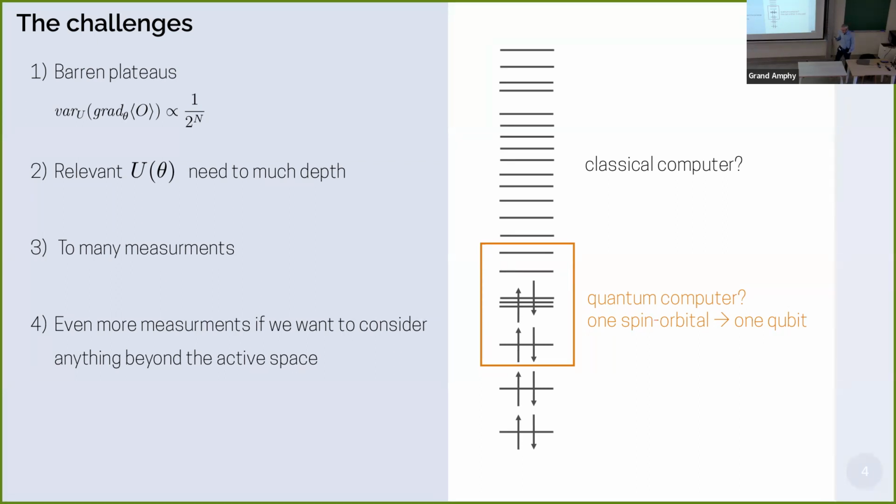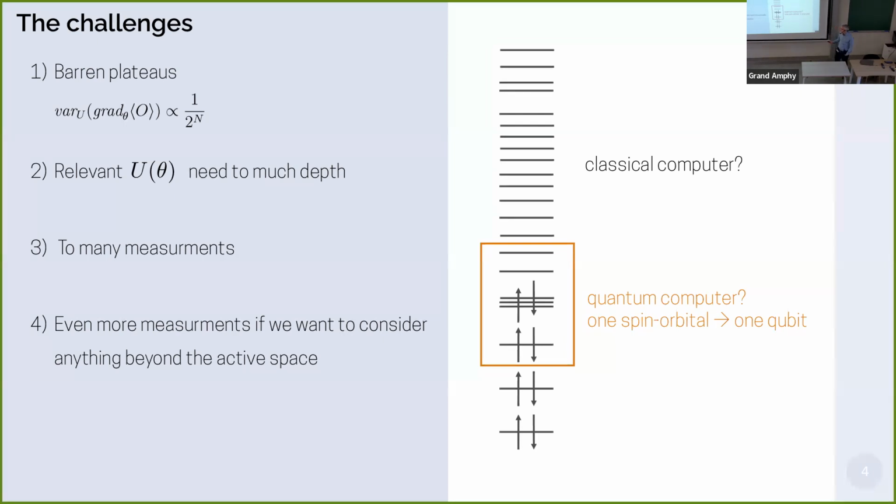Of course, it cannot be shown that this is so in all generality for every possible operator you could choose, but it still seems pretty fundamental. And given how many practical challenges we have when we want to run anything on a noisy intermediate-scale quantum computer, the fact that we also have to deal with something which is probably fundamental is pretty annoying.